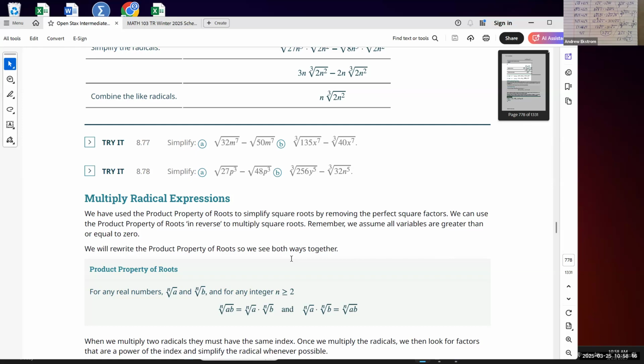So take a quick look at 77 A and B. With all of these, we have essentially the same idea. Can we find a common theme among the roots? Sometimes we can, sometimes we can't.